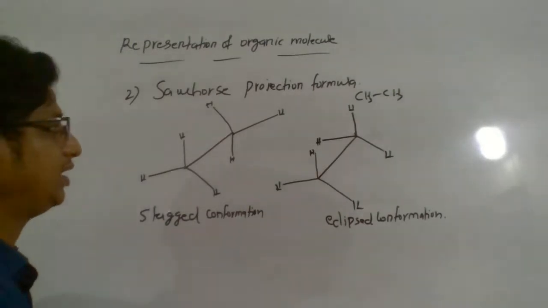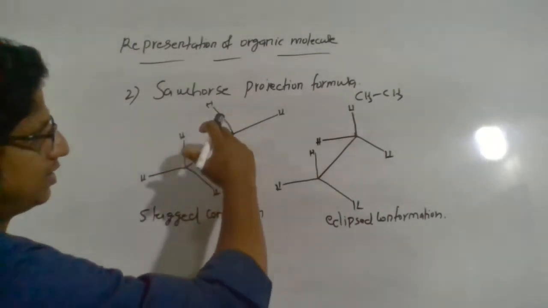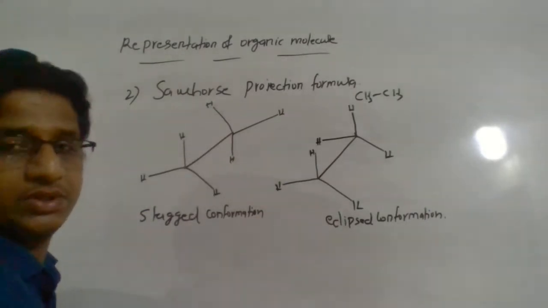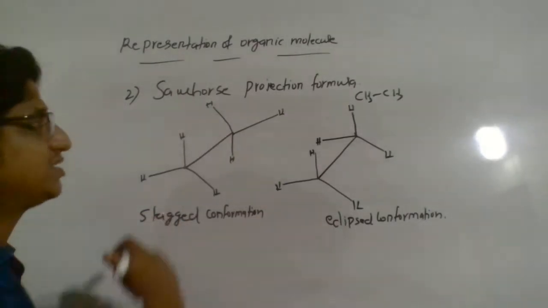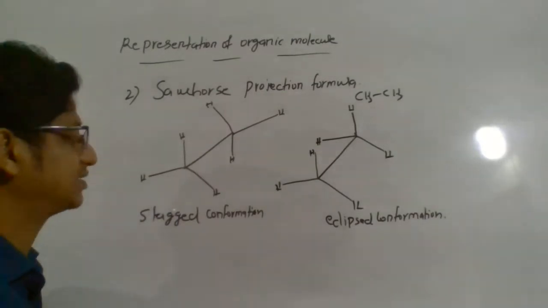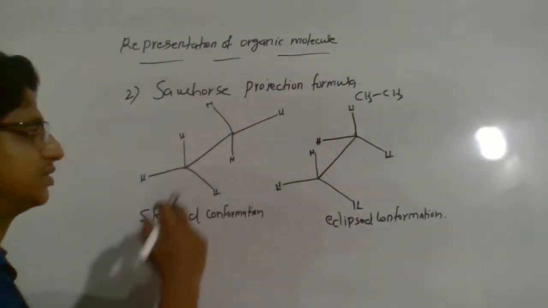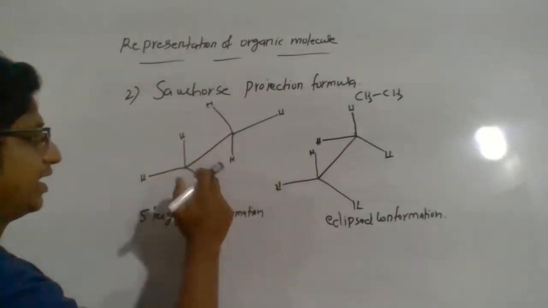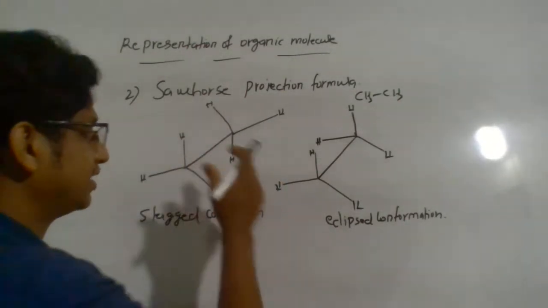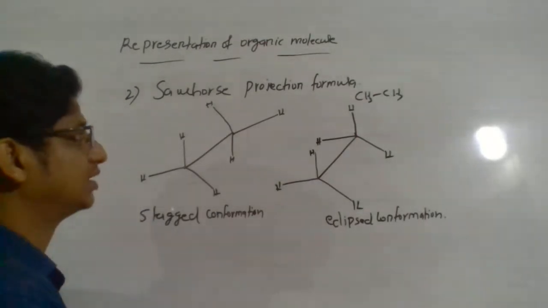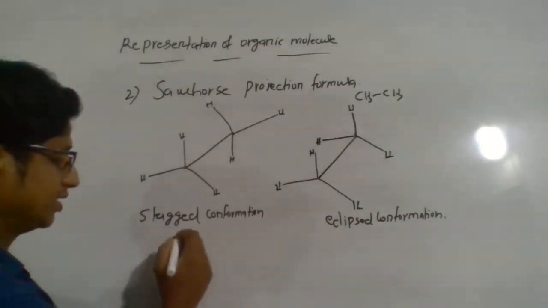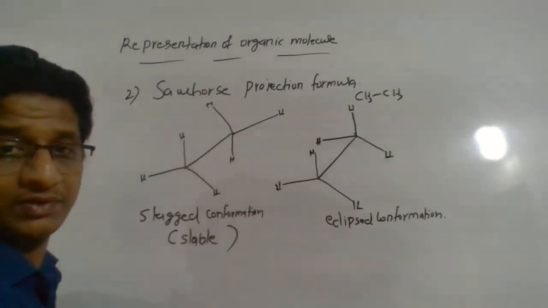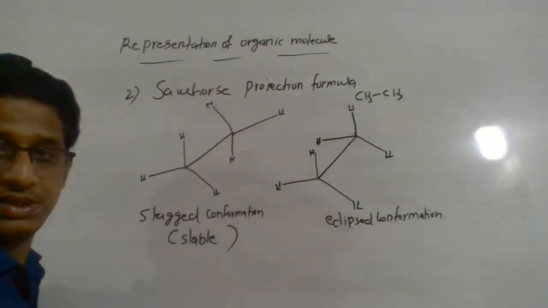Here you will see the hydrogens between the two carbon atoms are as far as possible. The repulsion between the hydrogens is very little. This is carbon, three hydrogens, and they are very far from each other, which means minimum repulsion. So this is the most stable conformation as far as ethane is concerned.